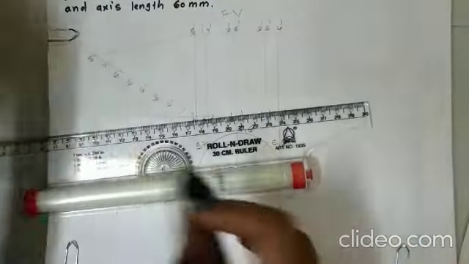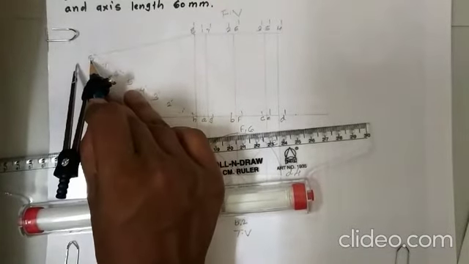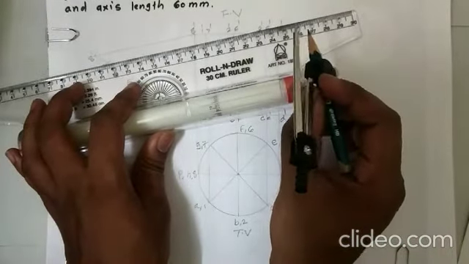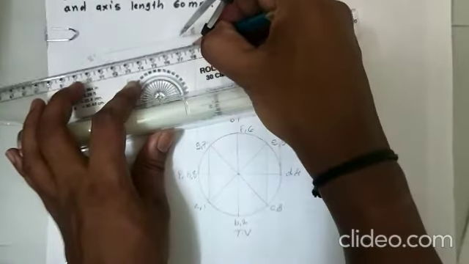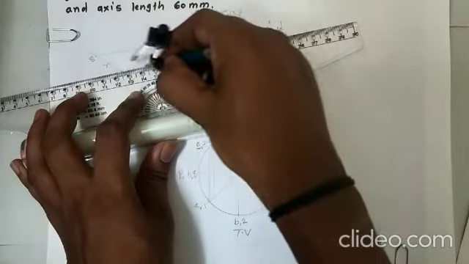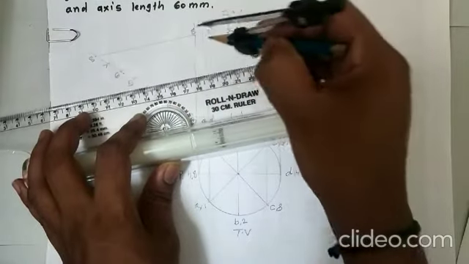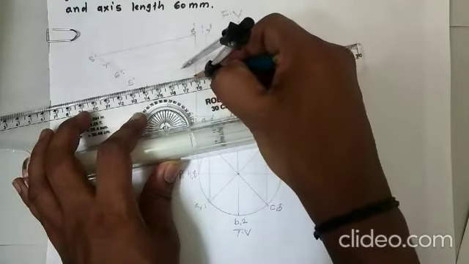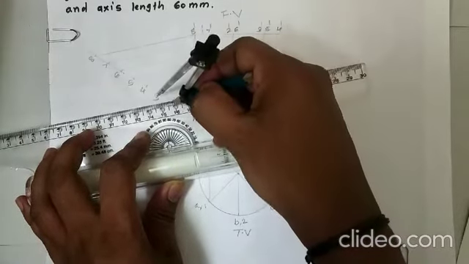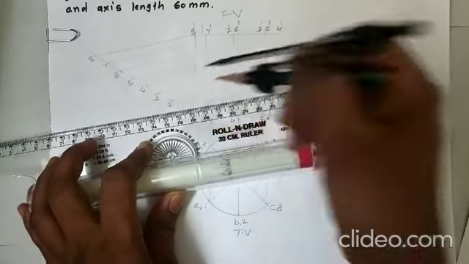Now consider point number 7 and draw one line which is exactly parallel to this 8 to 8 dash. Similarly for 6, similarly for 5, 4, 3, 2, and the last one is 1.